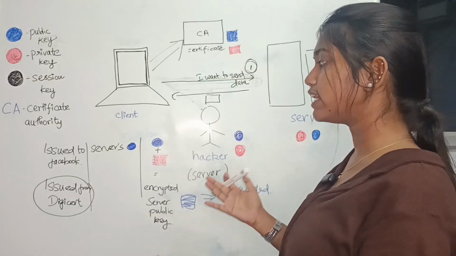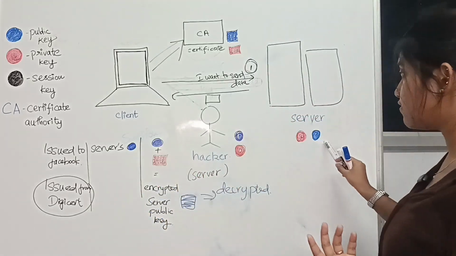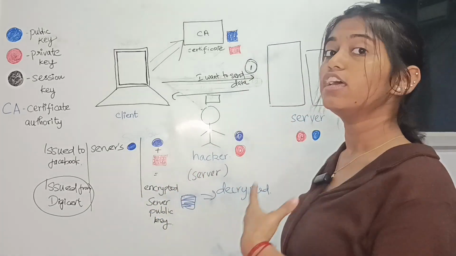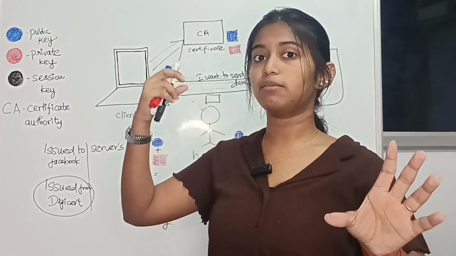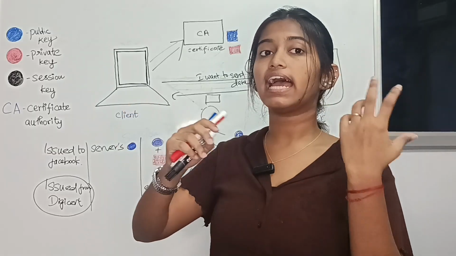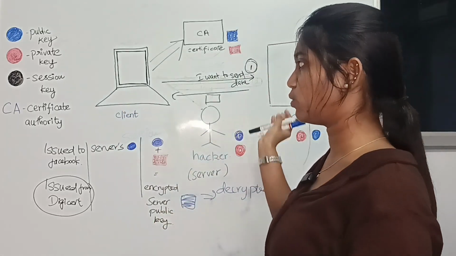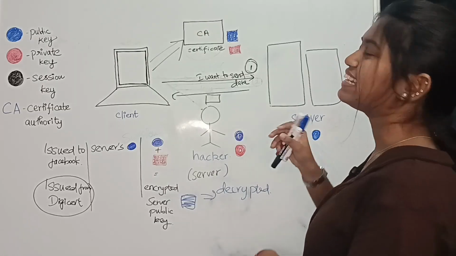So the entire thing focuses on safely transferring the server's public key to the client side. That is our main goal. The encryption is done with the help of the CA's private key, and after encrypting it, it is sent over the network to the client side. Though it is accessible to the hacker, it is safe.